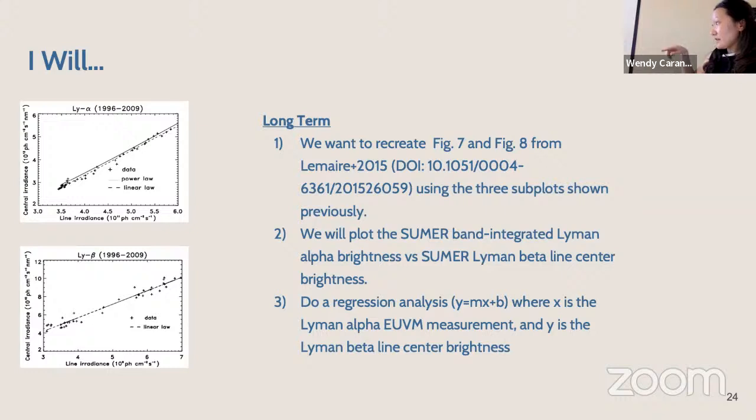Eventually, after that gets done, we'll do a regression analysis. So maybe a linear fit, y equals mx plus b, might be a good one, especially considering that Lemaire already did that, where x is going to be that Lyman alpha measurement, and this is going to be the measurement at Mars. End goal: Lyman alpha measurement at Mars, and then the y, the output, is going to be that Lyman beta line center brightness.